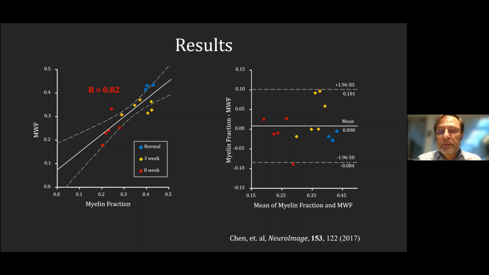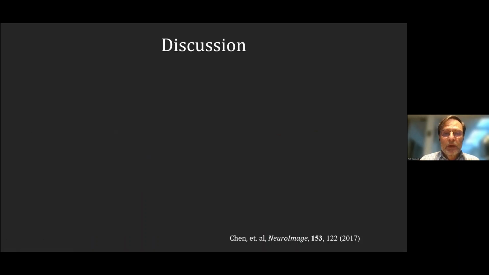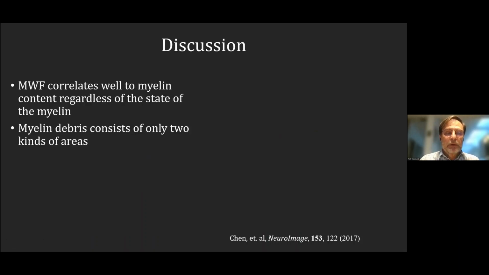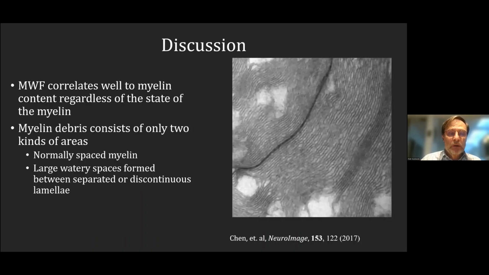Here's the Bland-Altman plot showing that there's essentially very little bias, and there was no trend with regards to outliers. So we concluded that the myelin water fraction correlates well to myelin content, regardless of the state of the myelin, whether it's functional myelin or myelin debris.